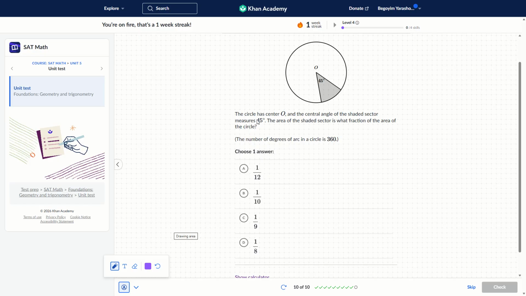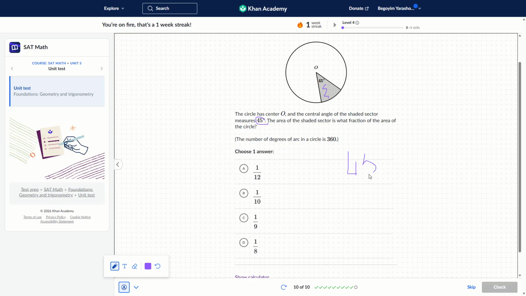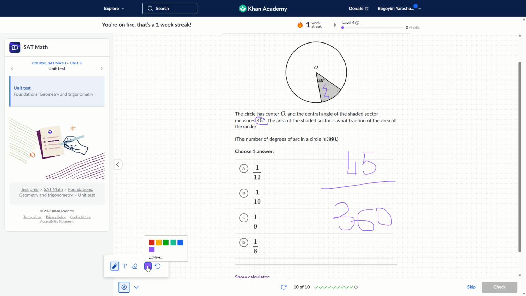The circle has center O, and the central angle of the shaded region is 45. The area of the shaded region is what fraction of the area of the circle? Again, the shaded region is 45 over 360. Here is a question: why this number?